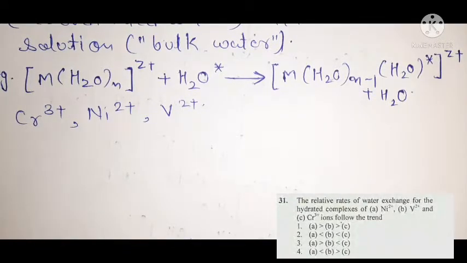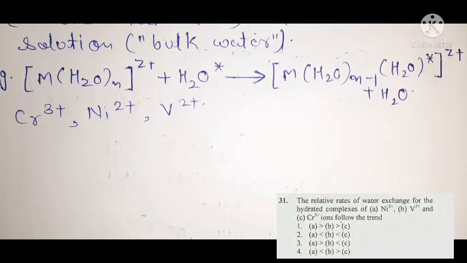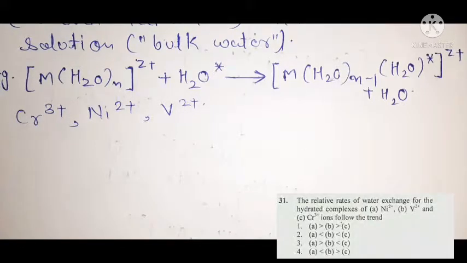Now first of all, what factors can influence the water exchange reaction rate? The first factor which we use is the charge on the metal ion. Now how can we relate the charge present on the metal ion with the water exchange reaction rates?